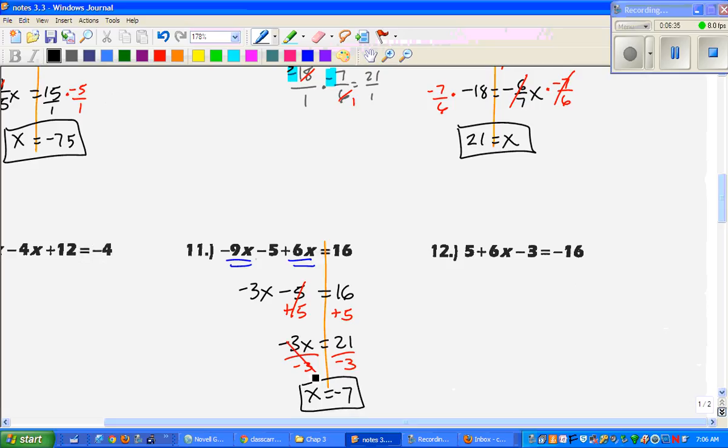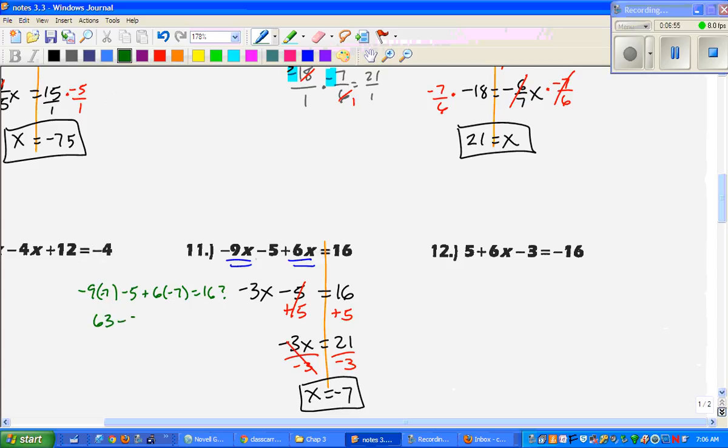Now, you can check any one of these just by plugging in, okay? Negative 9 times 7, oh, that's a negative 7, minus 5, plus 6 times negative 7 equals 16.